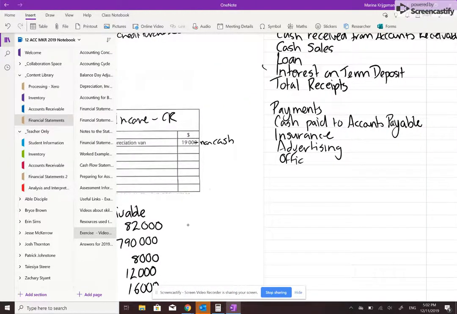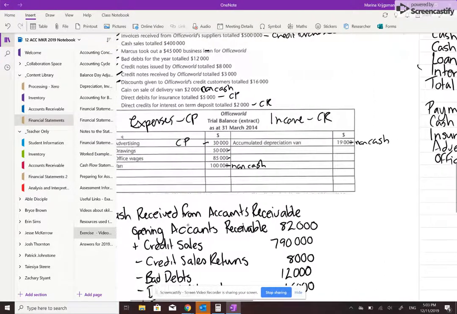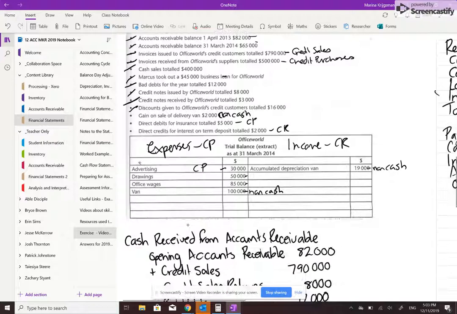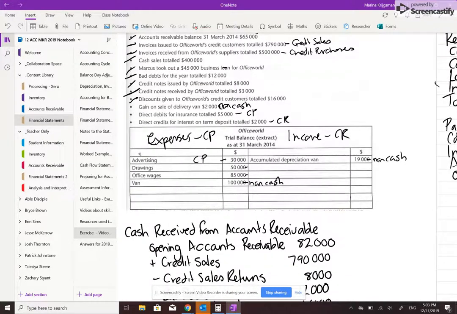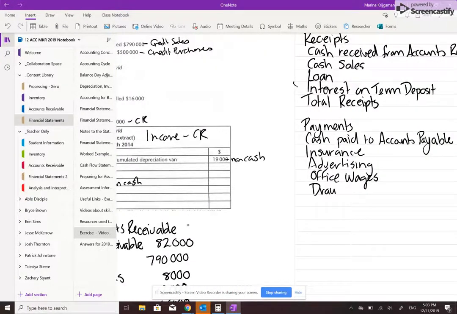Now, our drawings is a bit of a funny one. We don't know, because we weren't given any extra information about whether they are cash or not. Looking at the nature of the business, he's a supplier of office equipment, I think we can safely assume that drawings will be cash, so we'll put drawings in. Usually they'll let you know.